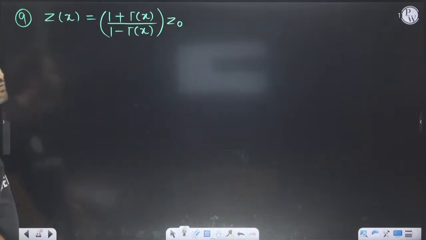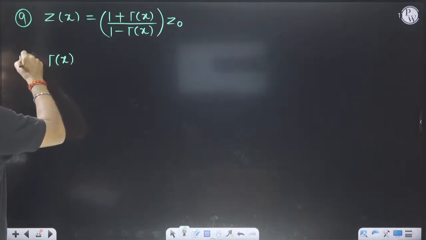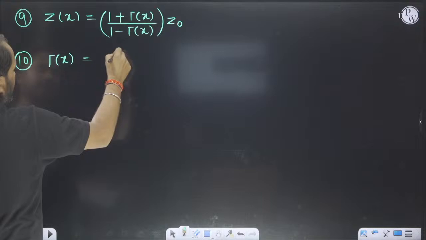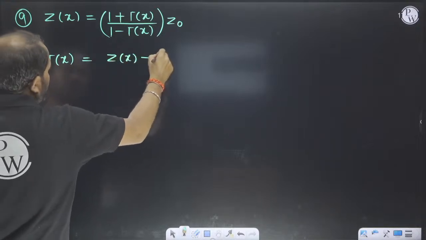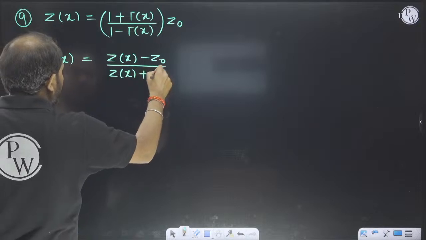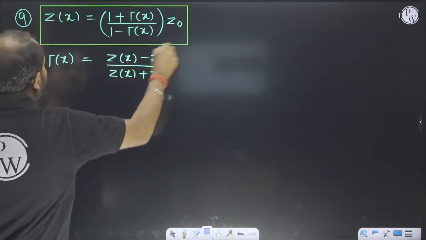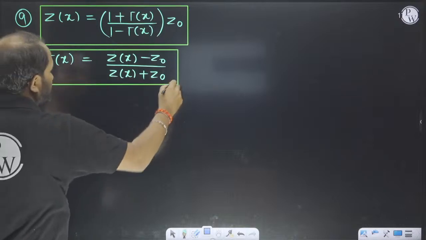You can also remember it as Γx equal to (Zx − Z0) divided by (Zx + Z0). So remember this formula and this formula also.